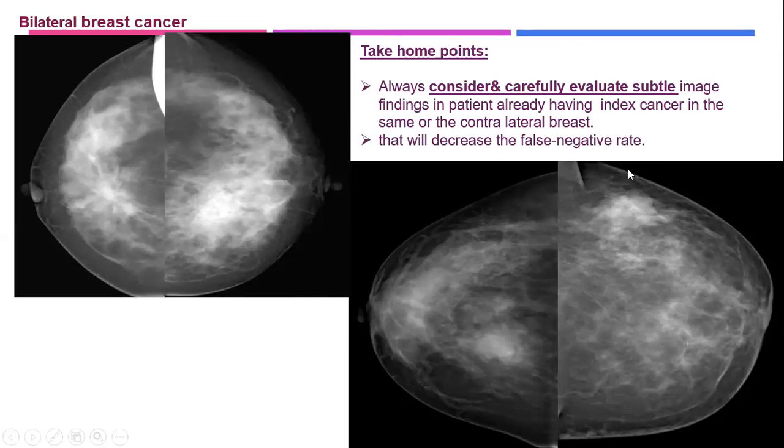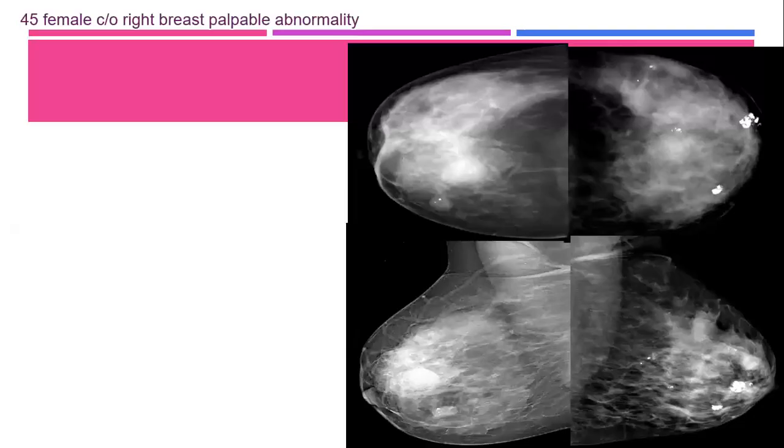And this patient has cancer in the left breast here as well as in the right breast. And this one also has cancer here and cancer here. So we always have to consider and carefully evaluate for suspicious features in a patient having breast cancer in the same or contralateral breast. Okay. Any volunteer for this interesting case?